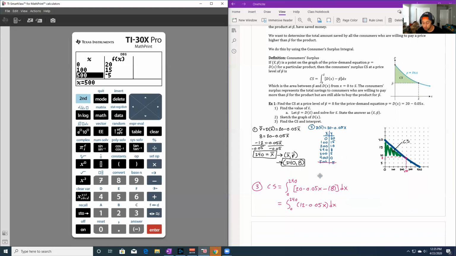Now find the antiderivative, which means this becomes 12x minus 0.05 x squared over 2, evaluated from 0 to 240.